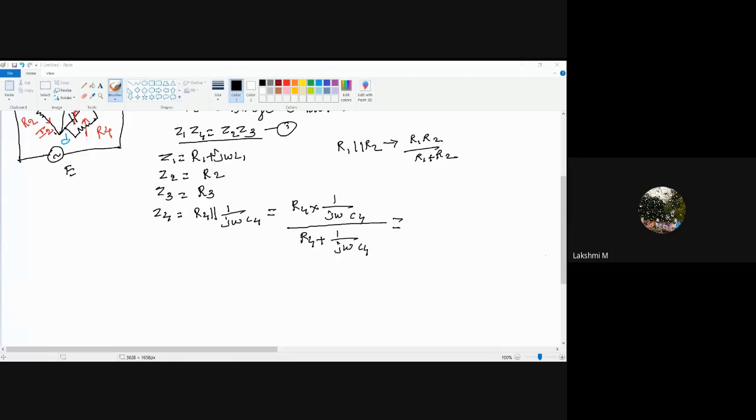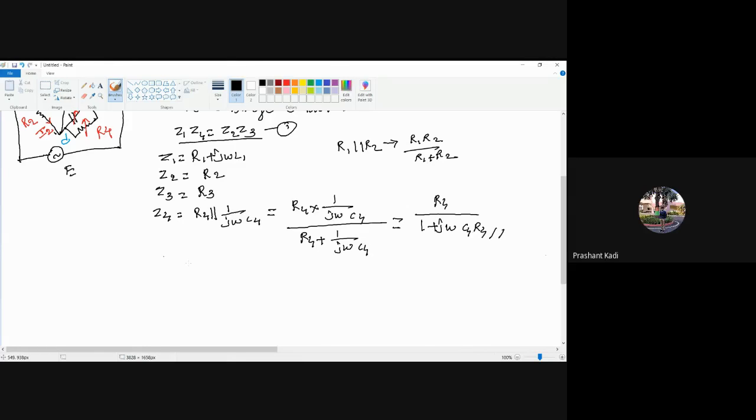R4 divided by R4 j omega C4 plus 1. For the denominator term, take the LCM: j omega C4 will get cancelled. It is R4 divided by 1 plus j omega C4 R4. Is it correct?